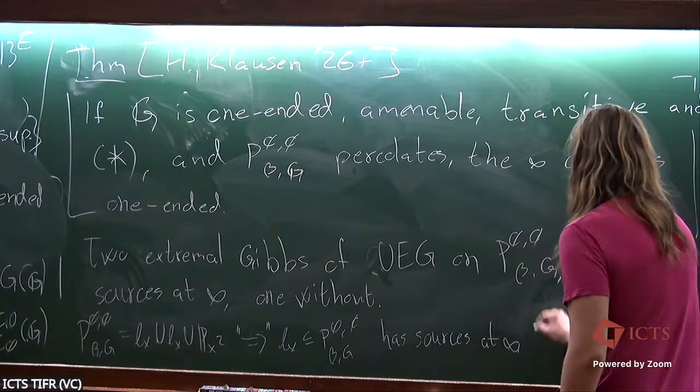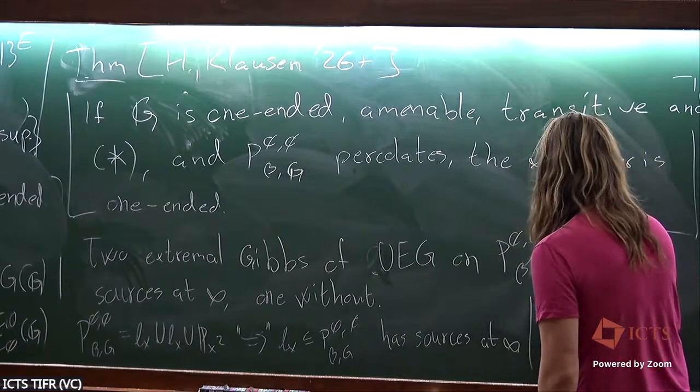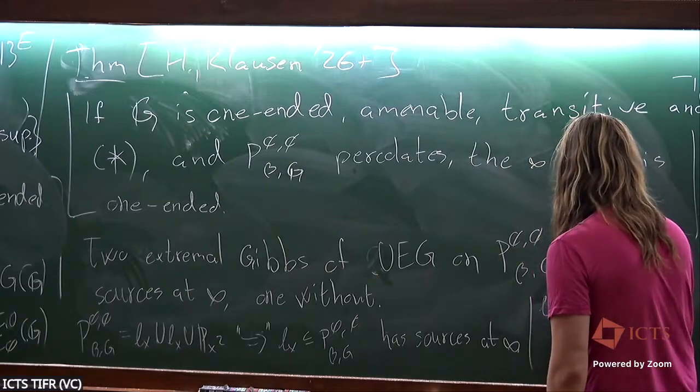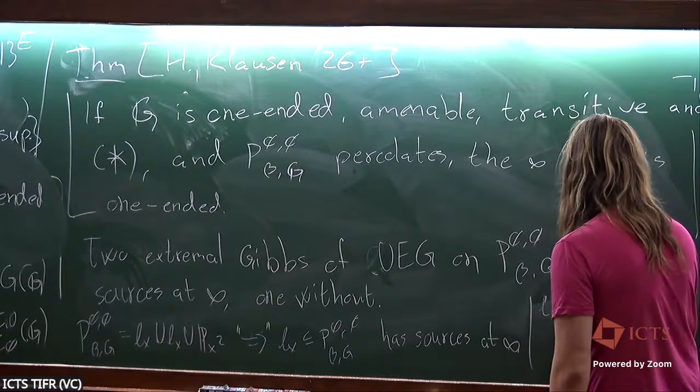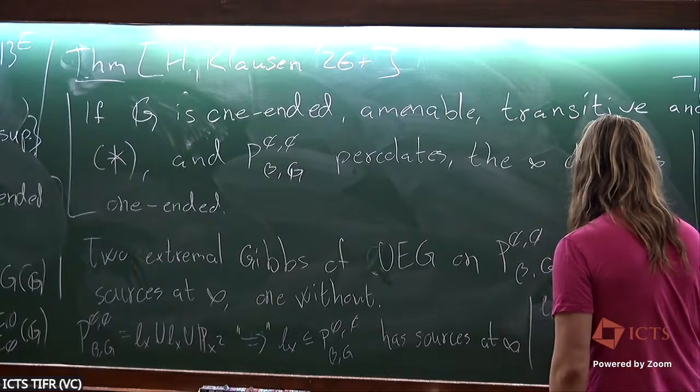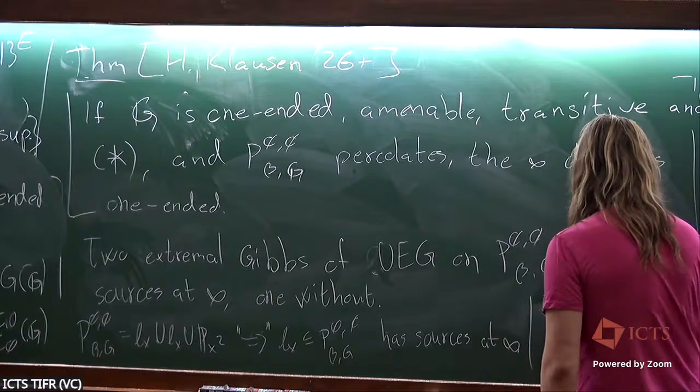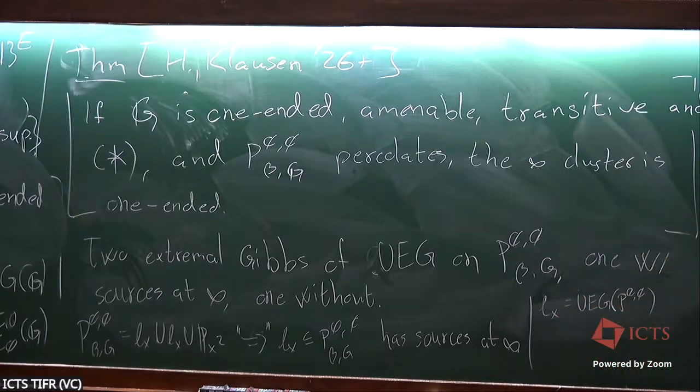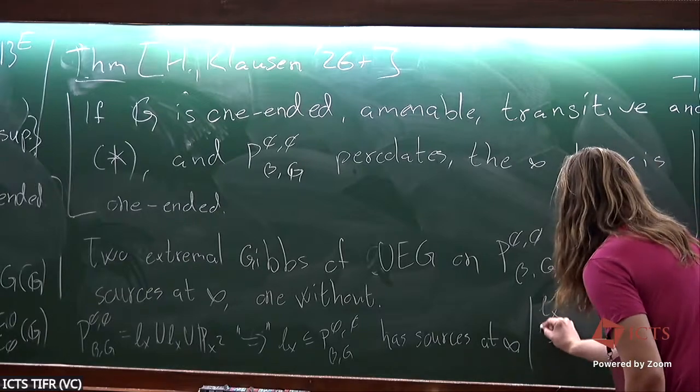Okay, but in finite volume, I have this identity that the uniform even subgraph of this guy, and this pulls in the other direction.